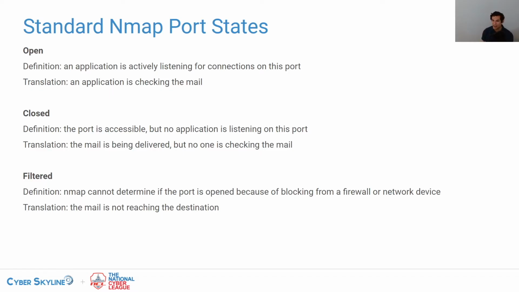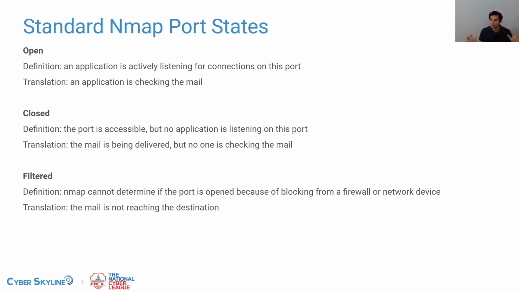And that means that Nmap cannot determine if the port is open because it's being blocked by a firewall or by a network device. Basically it means that from where you are sending the traffic, you are being rejected. If you send your mail in a little envelope in the mail system, it's getting dropped.